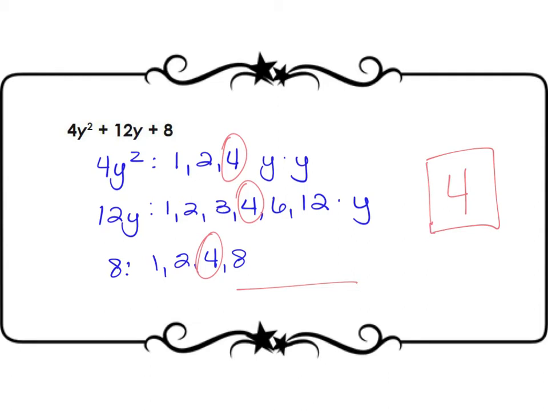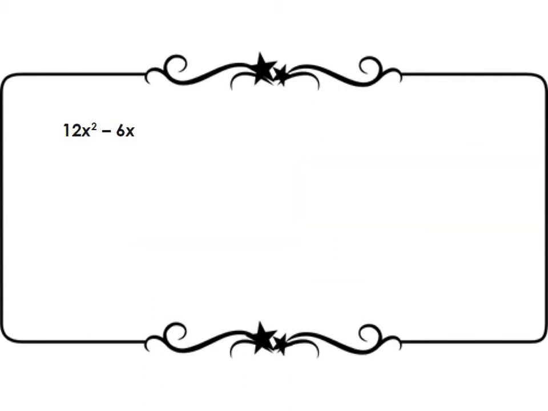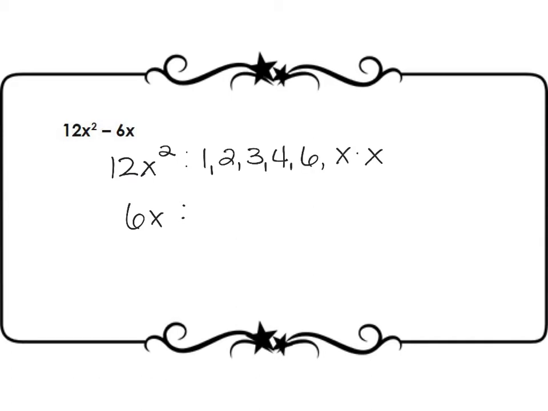Okay, here's another. We have 6x squared, 12x squared and a negative 6x. So it's different. So we have 12x squared and then 6x. So 1, 2, 3, 4, 6, and then x times x.